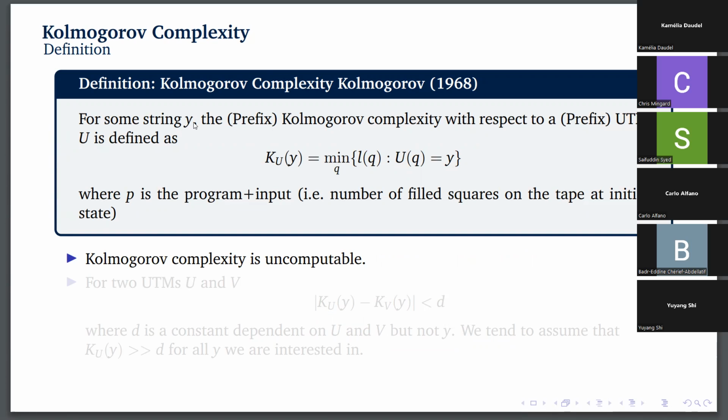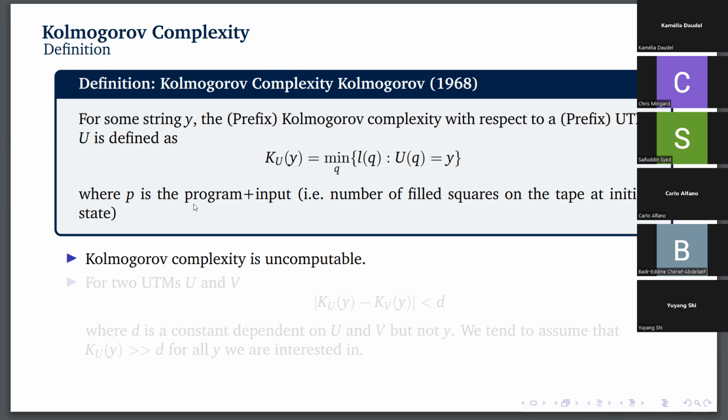If you have some string y, like on the previous slide, the prefix Kolmogorov complexity with respect to some prefix Turing machine, and this is defined for both prefix and non-prefix Turing machines, is the minimum length of the program that can produce this output when run on a Turing machine. For the normal Turing machine, this program would be the programming part of the UTM plus the input, and for the prefix Turing machine, it's just the length of the input tape.